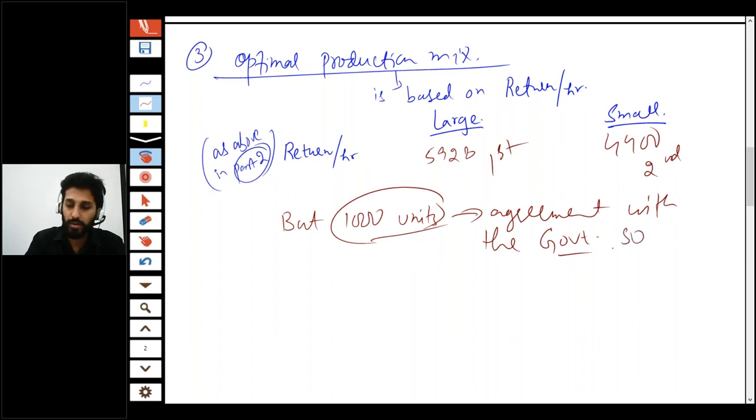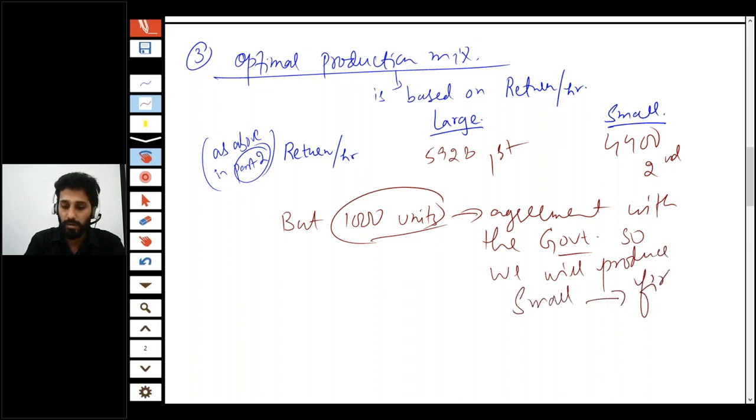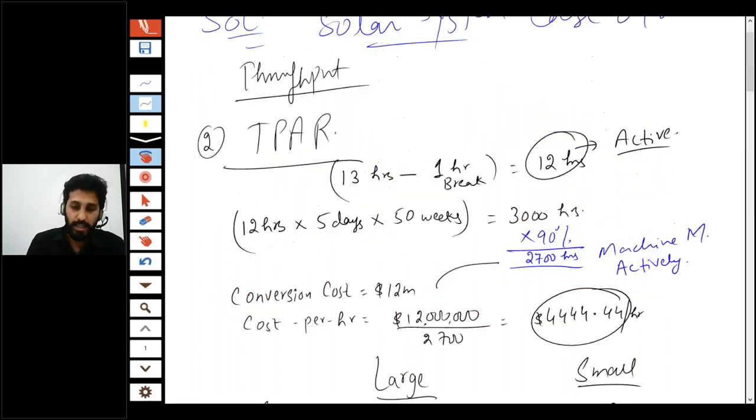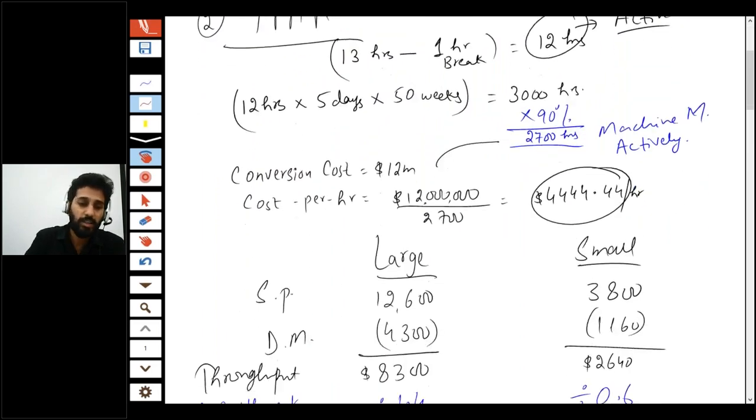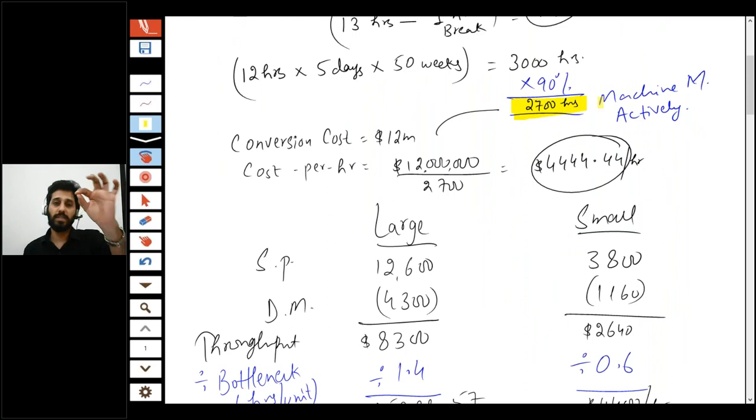So we will produce small first. All right. Now see what the availability is. As we calculated in part 2, that is 2,700 hours availability of machine M, 2,700 hours.